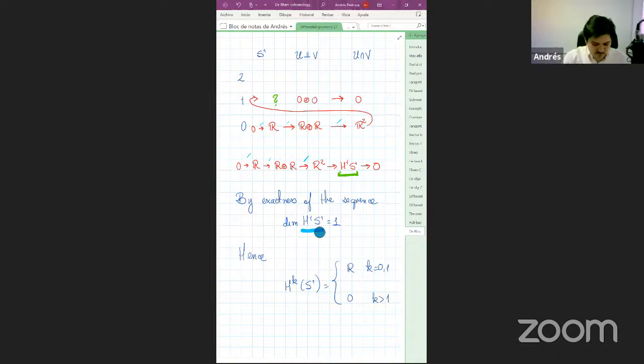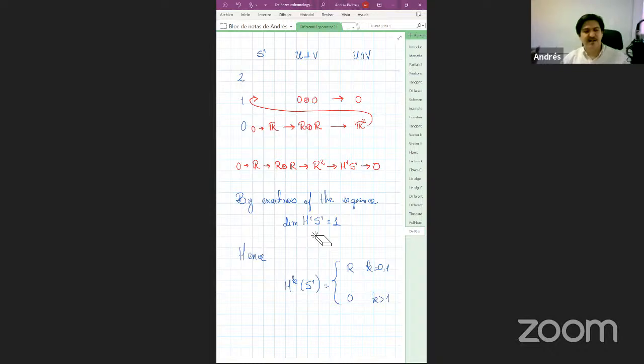Okay, so at least this is something that I wanted to show you. How can you use the Mayer-Vietoris sequence to compute the cohomology of the circle? We will use it to compute other examples. Okay? But we need to learn further information, which is related to topology.